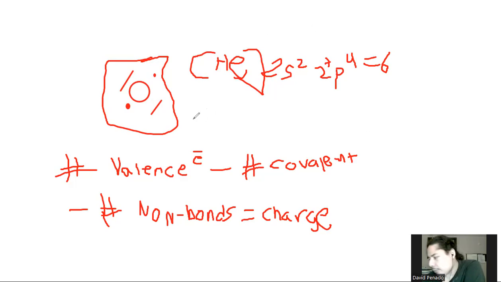I think this is a bad example to use, but what's the number of valence electrons for this one? 6.